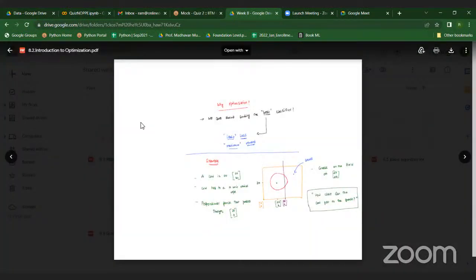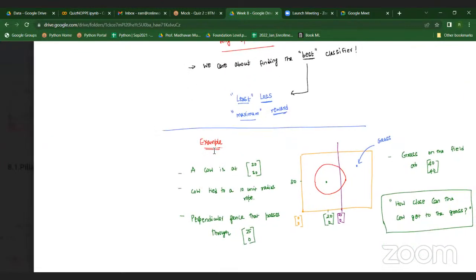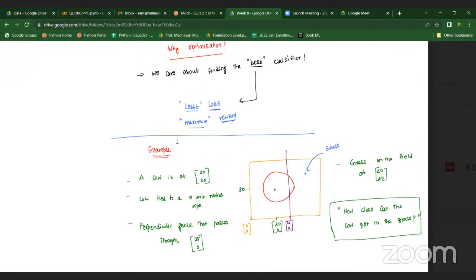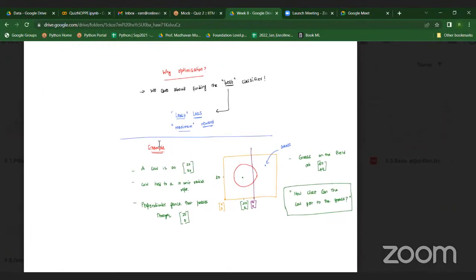Look at week 8 now. What primarily we have in week 8 is simple. What we do basically in machine learning, or in any other thing, is we want to find the minimum or maximum. Basically, we want to optimize a given function.